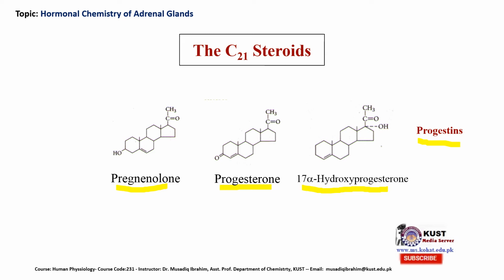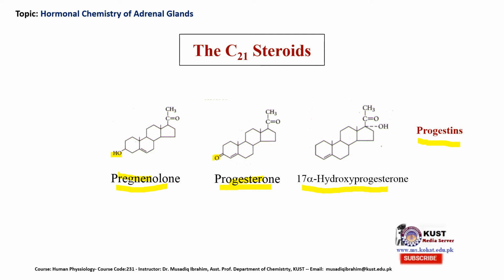And if you look closely at the structures of these hormones, you can see that the difference between pregnenolone and progesterone is that in the pregnenolone structure, you have a hydroxyl group present at position number 3, while in the case of progesterone, you have a double-bonded oxygen present at position number 3.